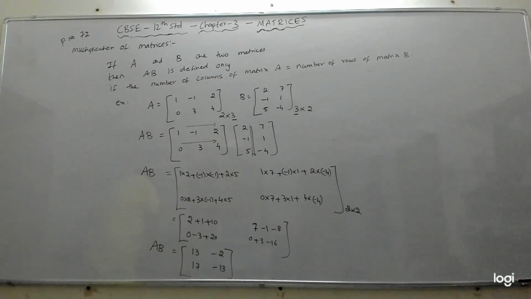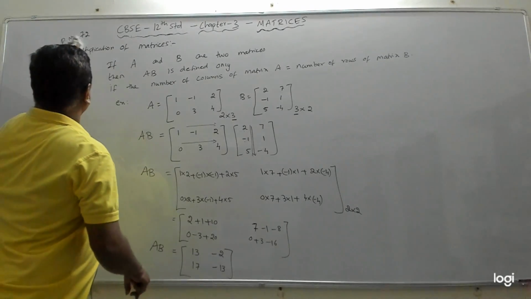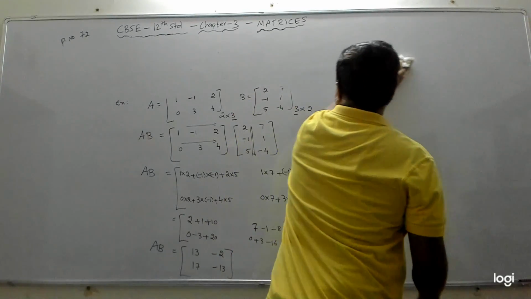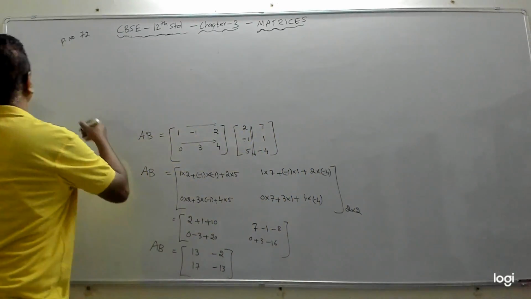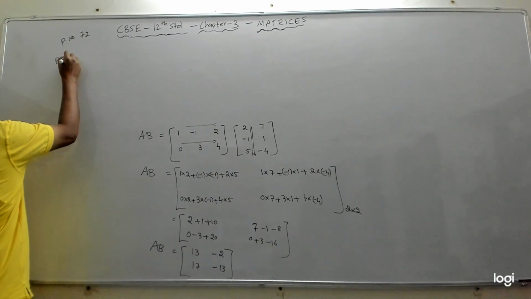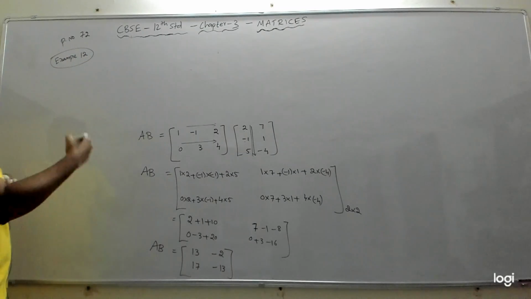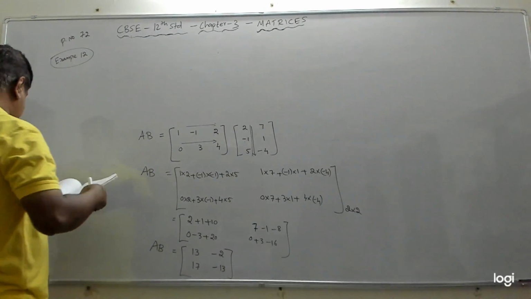We will go to the next example, example 12. So I'm erasing this. The question is, a matrix A is given.